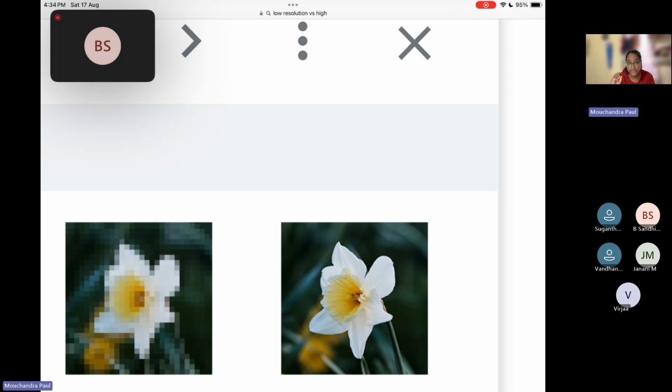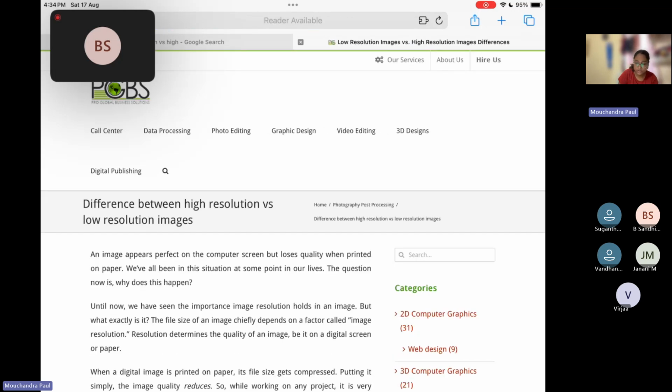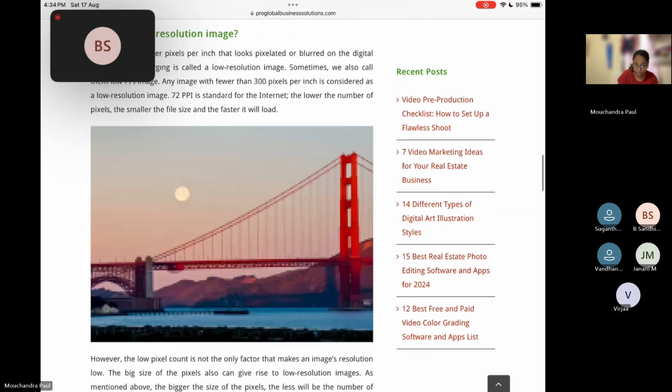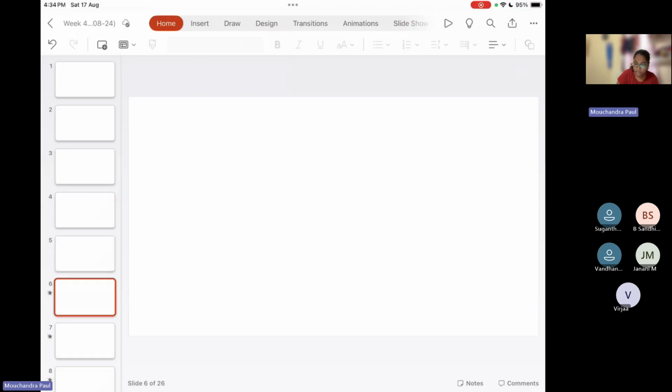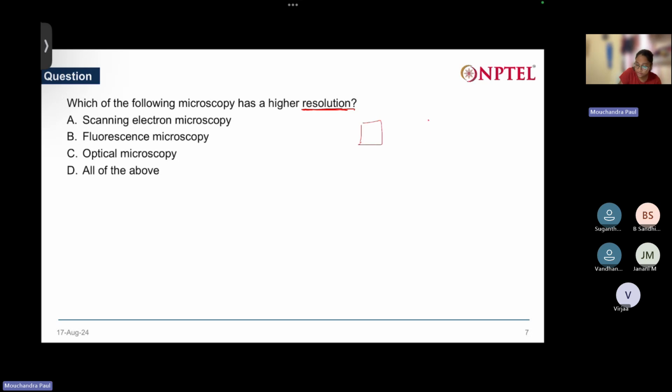Okay. So if you take a square of the same size in this image, then what you'll see is, let me quickly go back to my PPT. So if this is the square you have taken from image A, and this is the square you have taken from image B. Here, the number of pixels that can fit into image B may be 300, but in image A, the pixels that can fit may be 50.